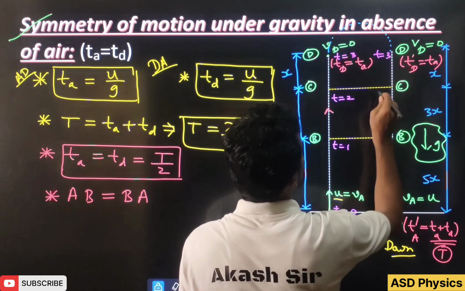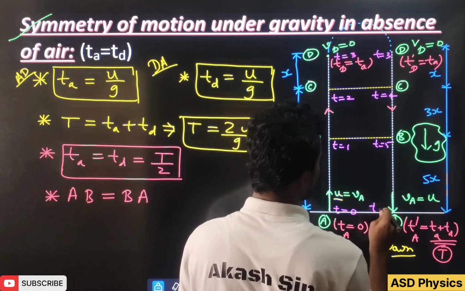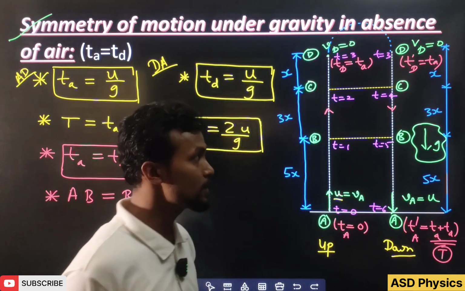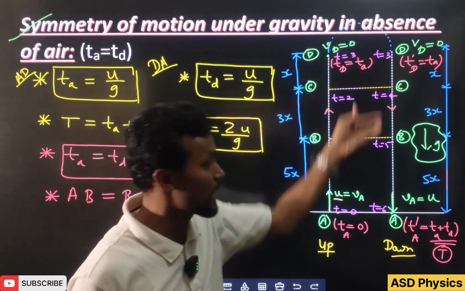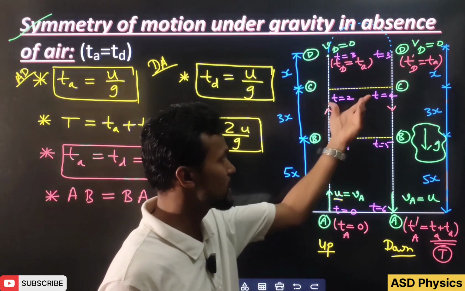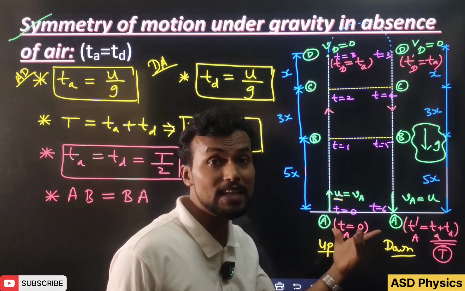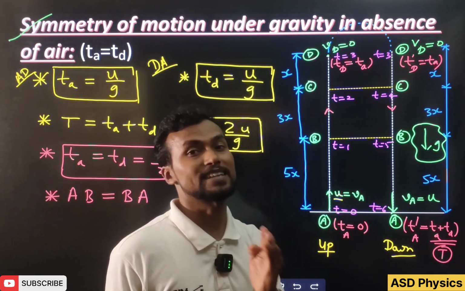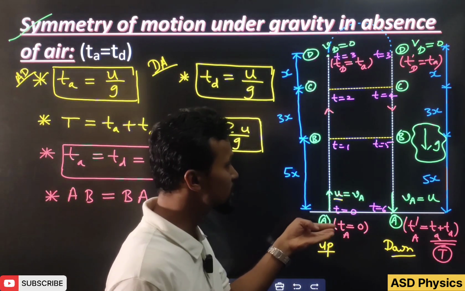Here again t equal to 3, t equal to 4, t equal to 5, t equal to 6. See the symmetry. Time of ascent is 3 seconds, time of descent is also 3 seconds. Just for the example, time of ascent is 3, time of descent is 3, and the total time of flight is 6 seconds.